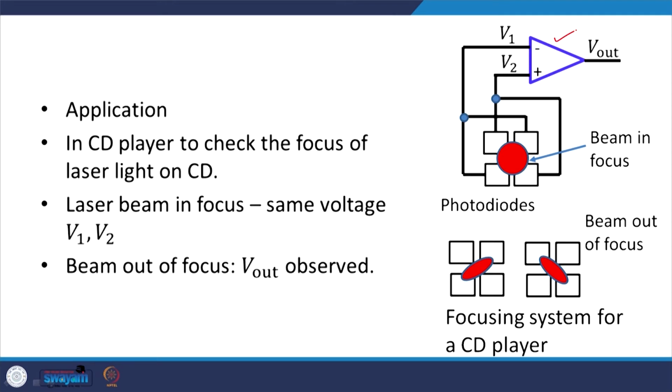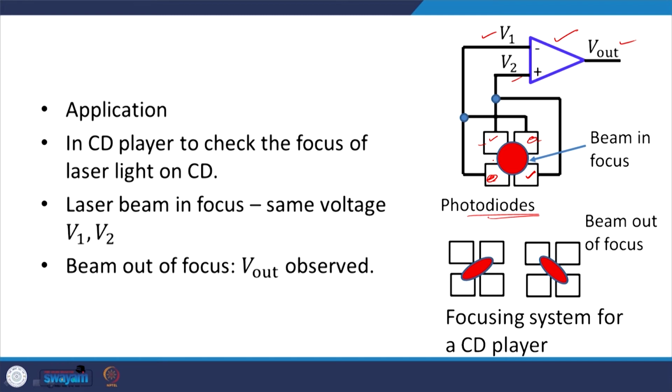So, you have the op-amp here with two terminals, V1 and V2, and this is your output side. These terminals are connected to the photodiodes. The inverting V1 side is connected to this one and this one, whereas the non-inverting side is connected to the diagonal ones.